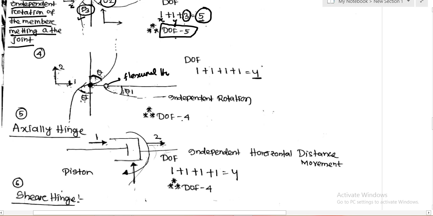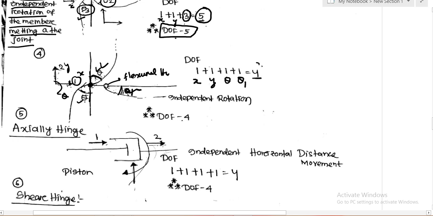So this joint has one x direction and one y direction translation, and a rotation theta, which is the same for the members at the rigid joint. But this member will rotate differently, by theta 1. So here the two rotations are not the same, because a flexural hinge is present. So the degrees of freedom are: the x direction translation, the y direction translation, the rotation theta, and theta 1, the rotation due to the flexural hinge.